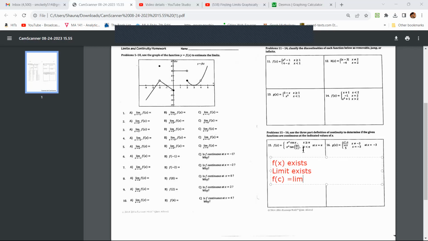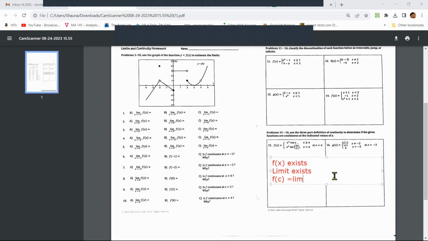Look at number 15. Is it defined at pi? What do you mean by defined? If I ask you to evaluate f of x at pi, which branch of the function would I use?